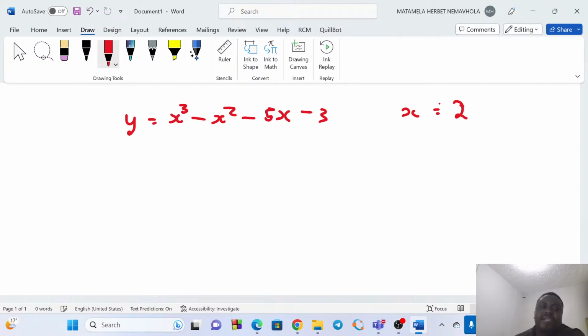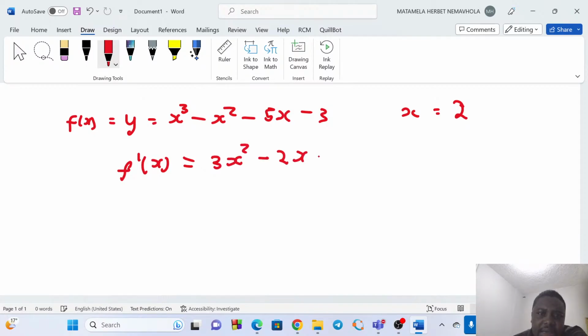Let's assume that. So the first thing in this equation, you're going to find f prime, where y can also be the same as f of x. We are going to find f prime of x. When you differentiate this, you are going to get 3x squared minus 2x minus 5.